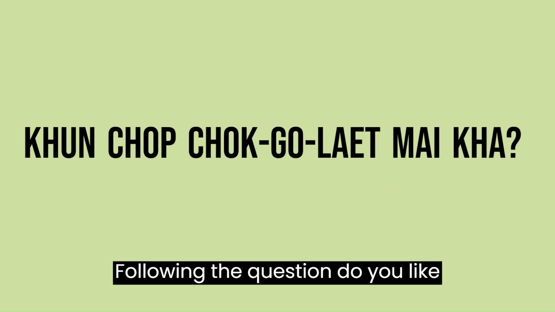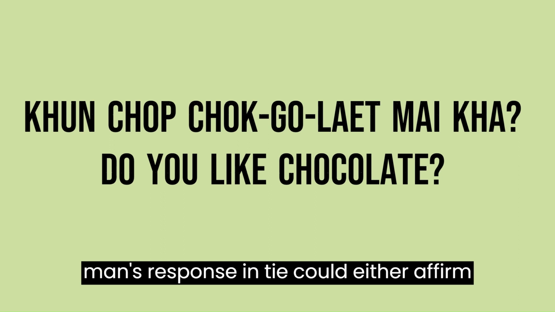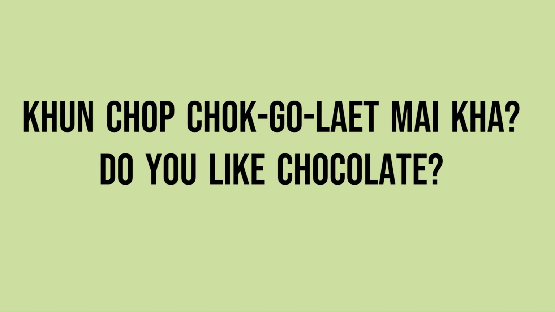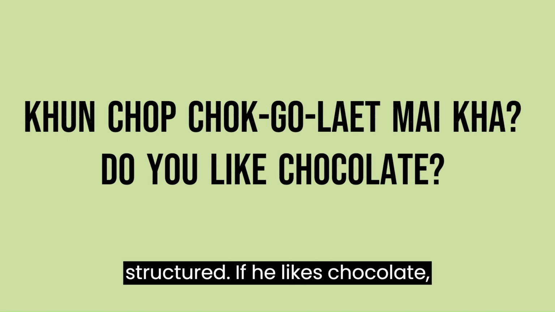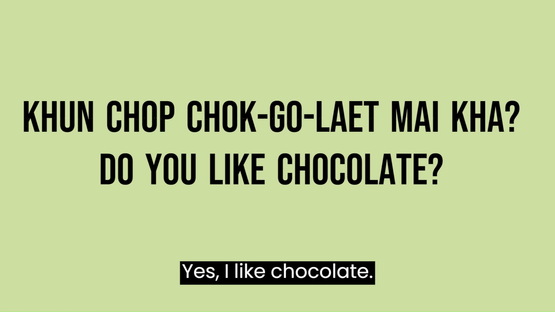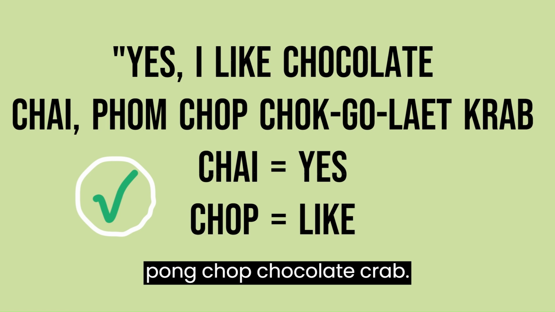Following the question, do you like chocolate? Asked by a woman, a man's response in Thai could either affirm his liking for chocolate or deny it. Here's how both responses would be structured. If he likes chocolate, yes, I like chocolate. ใช่ ผมชอบช็อกโกแลตครับ.